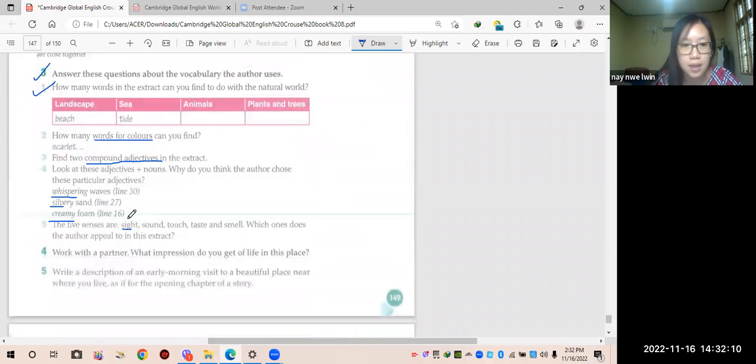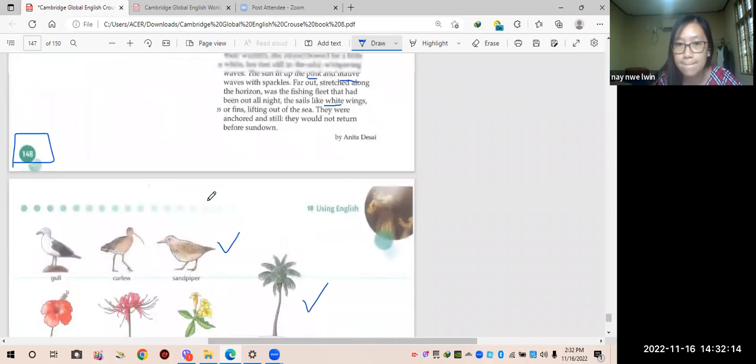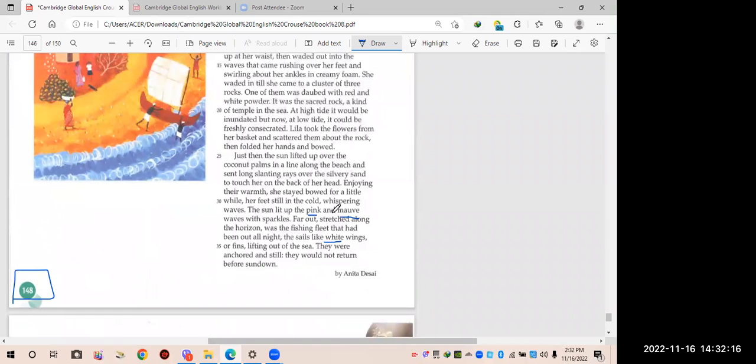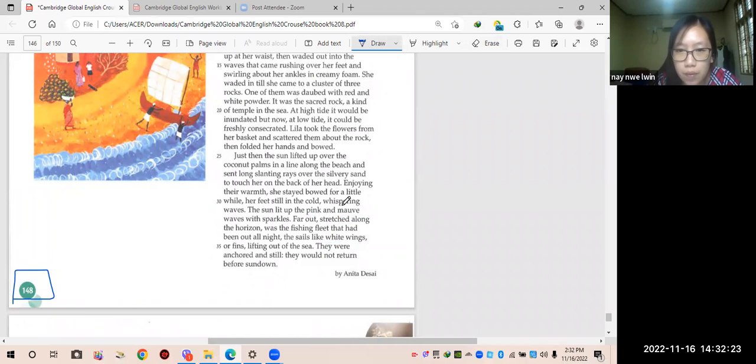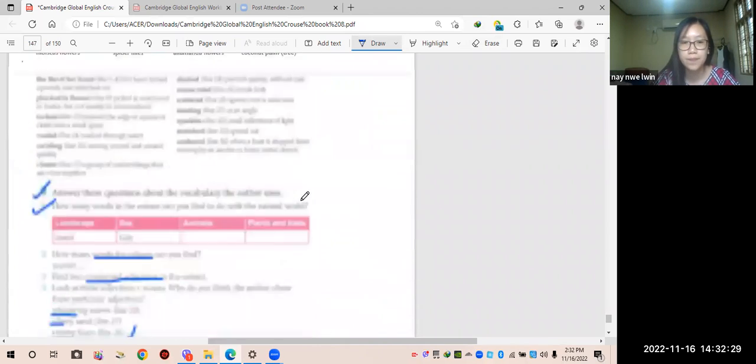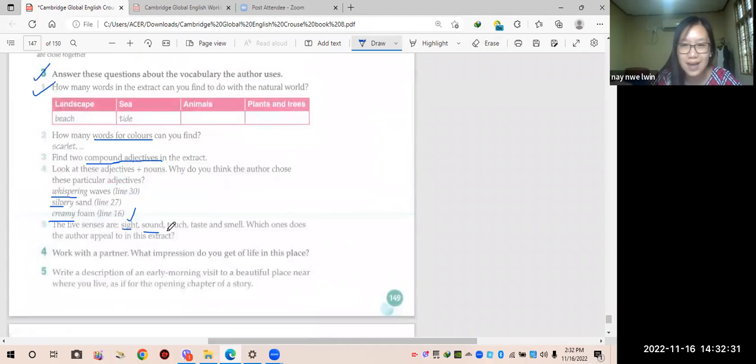So how about the sense of sound? Can we find it? Whispering waves. For example, whispering, right? So we can find the sense of sound too. And how about the sense of touch? Creamy foam.